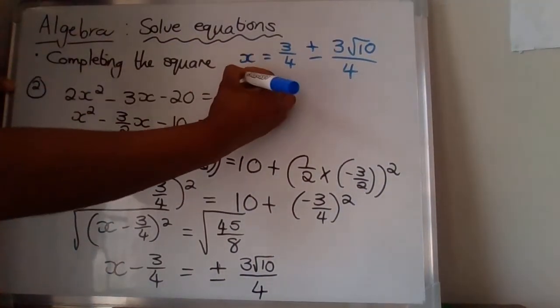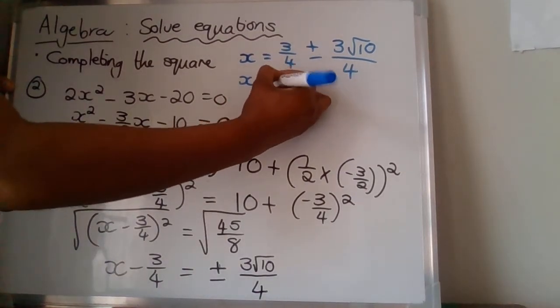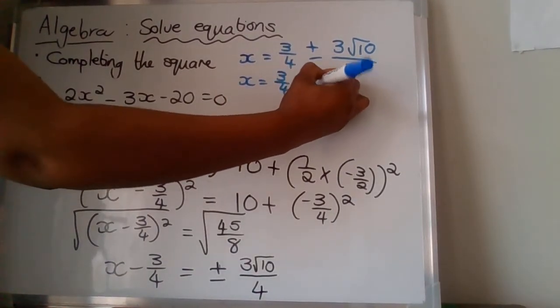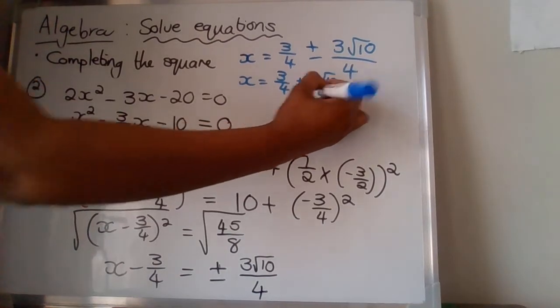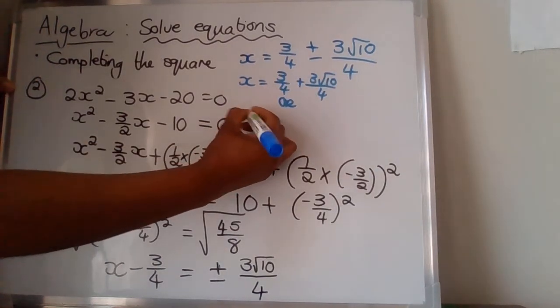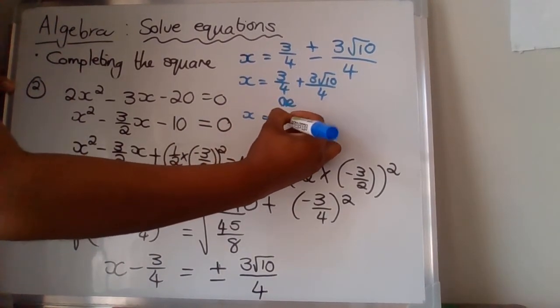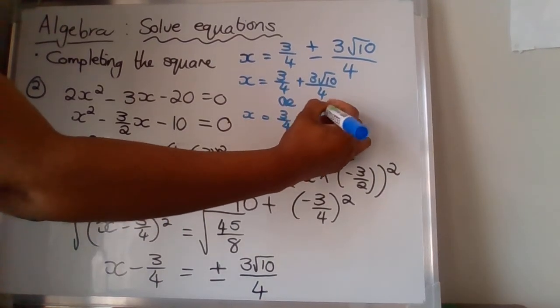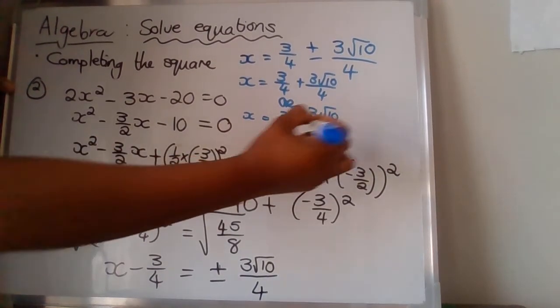Okay, so therefore x is equal to 3 over 4 plus 3 root 10 over 4, or x is equal to 3 over 4 minus 3 root 10 over 4.